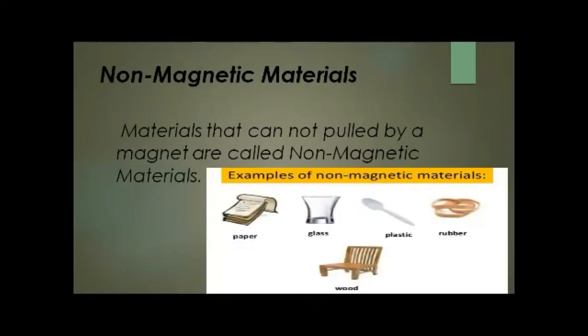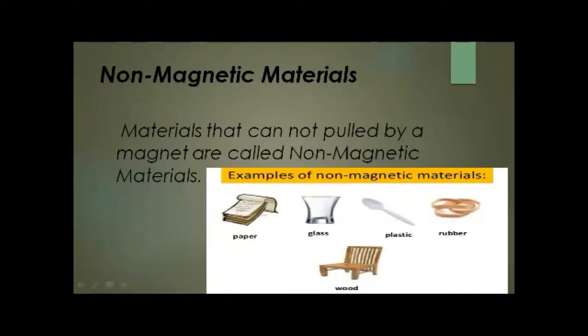Here are some examples of non-magnetic materials, like paper. Paper is not made from metal, so it cannot be attracted by a magnet. What about glass, student? It cannot be attracted by a magnet because glass is not made from metal. And plastics, things made from plastic, student, cannot be attracted by a magnet.